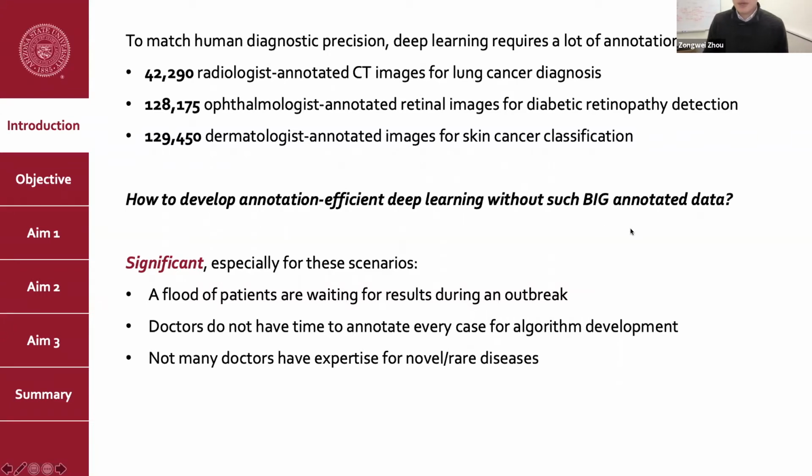Computer-aided diagnosis of a rare disease and quick response to global pandemics are severely underexplored because of the difficulty of collecting such big labeled datasets, especially when a flow of patients are waiting for results during an outbreak, and the doctors do not have time to annotate every case for algorithm development. And not many doctors actually have expertise for the novel and rare disease at the very beginning of the pandemic.